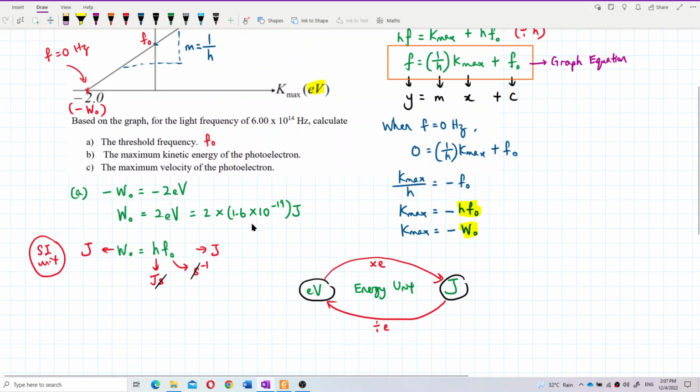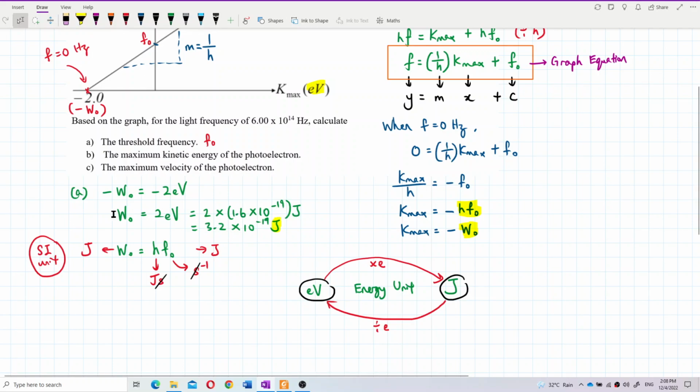So it is 3.2 exponent negative 19 joule. So you have already converted the work function into joule.